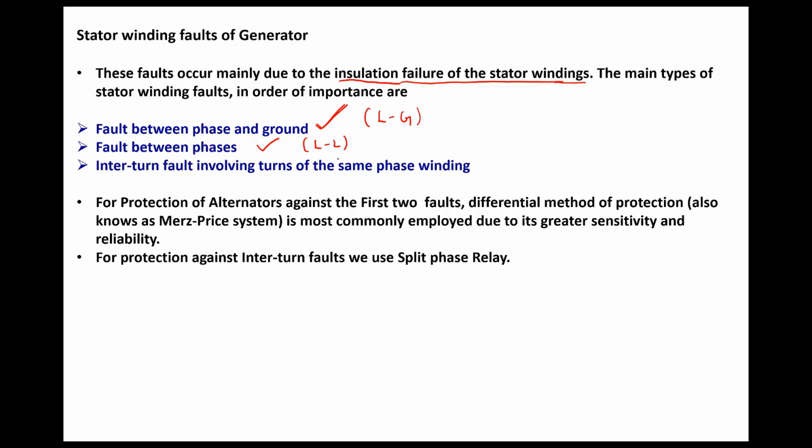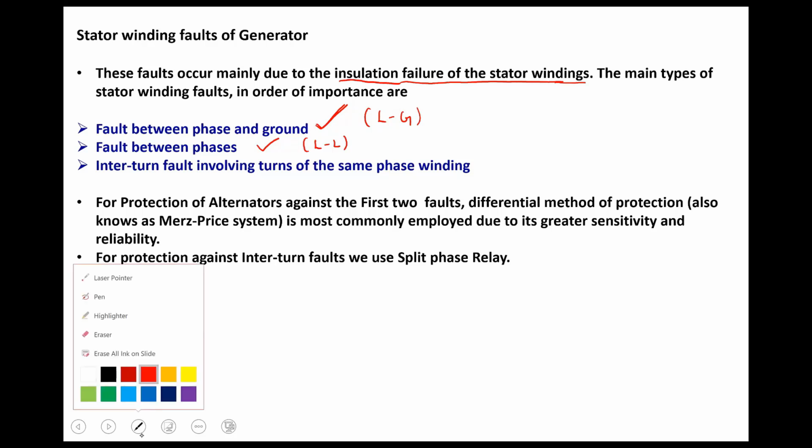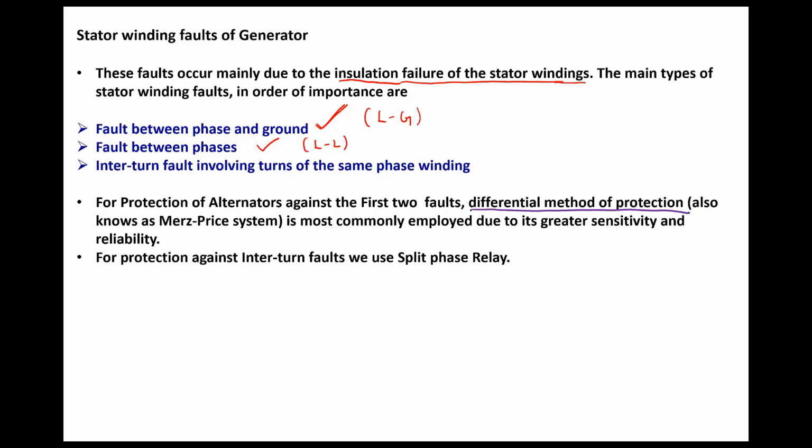Understand? Now the other one is the interturn fault involving turns of the same phase winding. For protection against the phase to ground fault and phase to phase fault in the stator winding of the alternator, we use the current differential scheme, also known as the Merz-Price protection scheme.